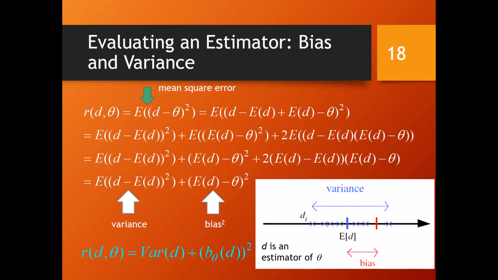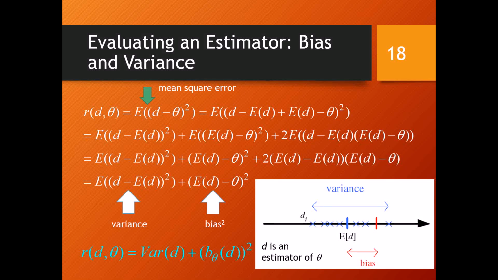Mean square error is always equal to this, which is denoted as the variance of D plus b theta of D squared. And very important, this concept can also be applied to deep learning.